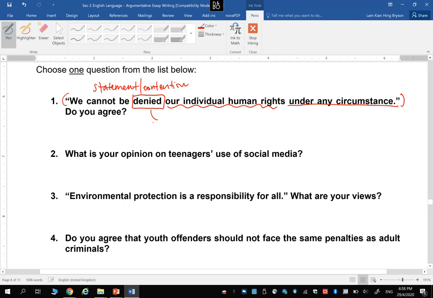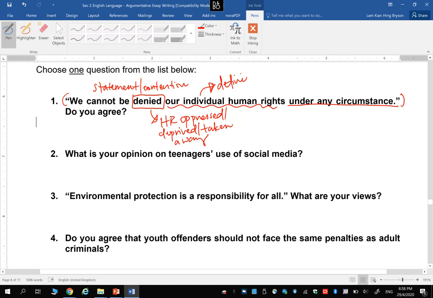Perhaps what denied could mean would be where human rights are oppressed, maybe they have been deprived, or maybe they could be taken away. Individual human rights, you can define it in your essay. I won't define it for you.